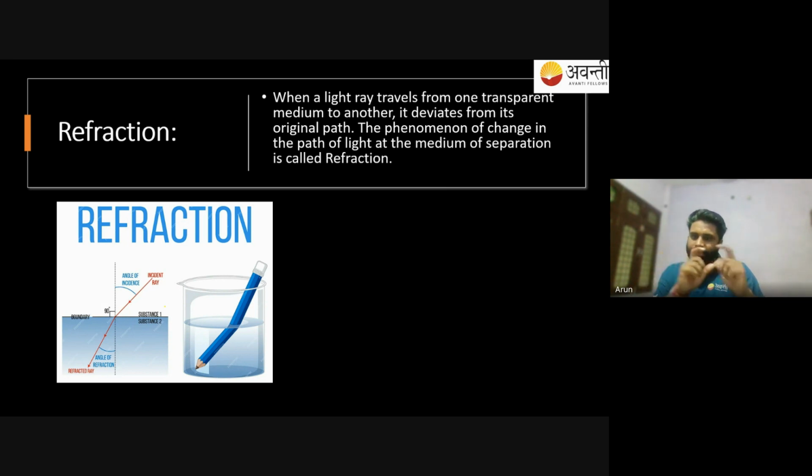So this deviation of path is caused by the phenomenon of refraction. Okay, got it? You can also read this in the definition. When a light ray travels from one transparent medium to another, it deviates from its original path. And the phenomenon of change of path of light at the medium of separation is called refraction.